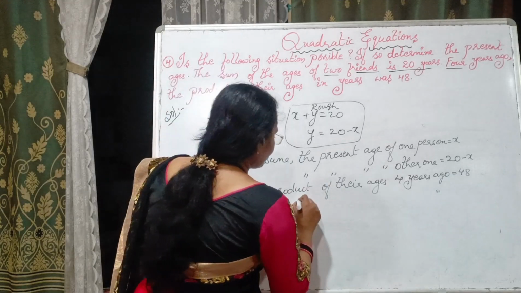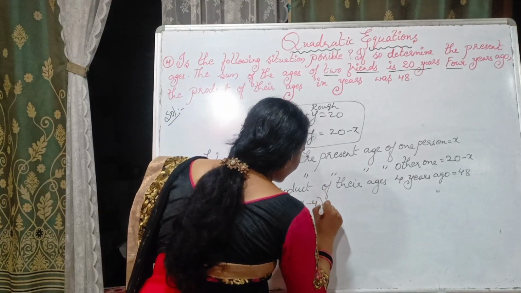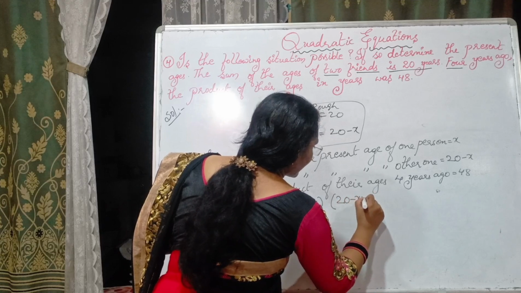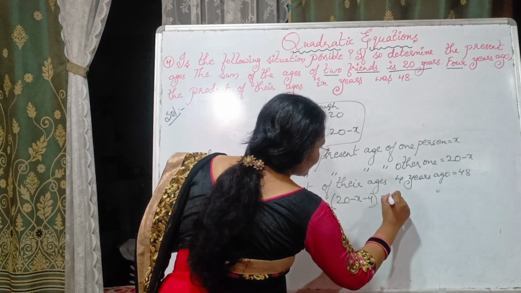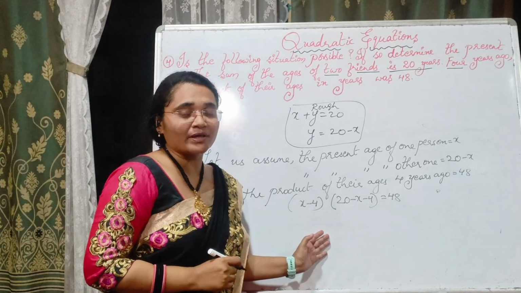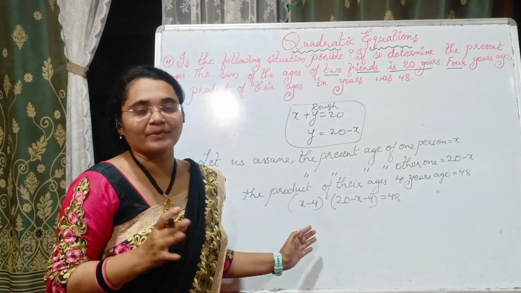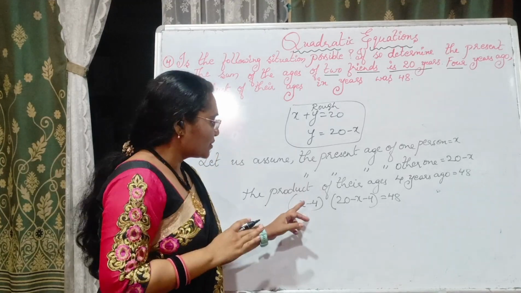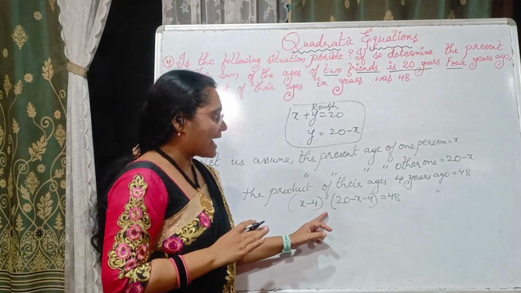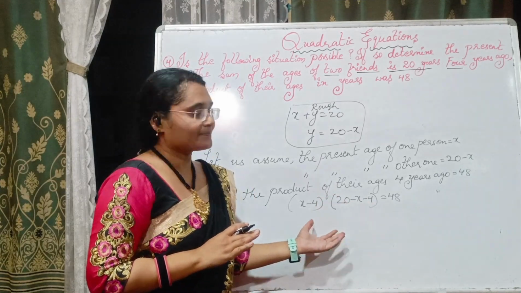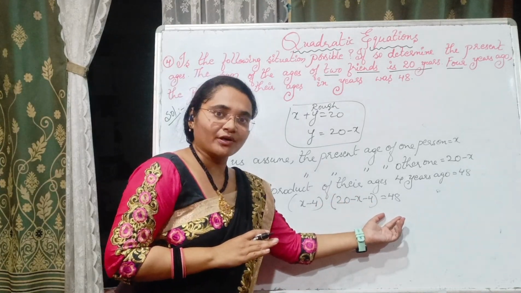We get (x minus 4) into (20 minus x minus 4) is equal to 48. Now do you understand, student? If you understand this one, then you can do the whole problem automatically. He has given 4 years ago, so x minus 4 and 20 minus x minus 4 are the two persons' ages, and the product will be equal to 48.